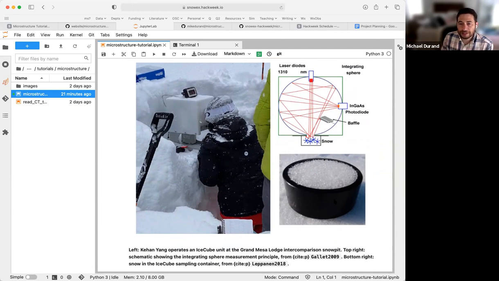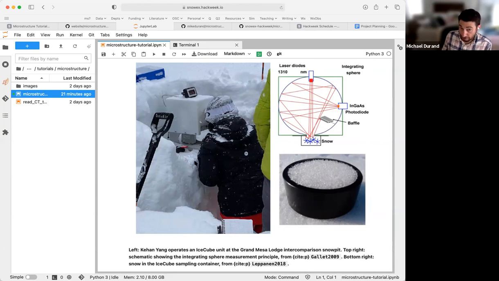What she does is take a small sample, which you can see in this little black cup, and then you insert it up into this little white box. And inside that white box, there's a little spherical space. The snow is shot with lasers, and then you measure how much reflects back into a sensor. And then you can relate that reflectance value back to specific surface area.